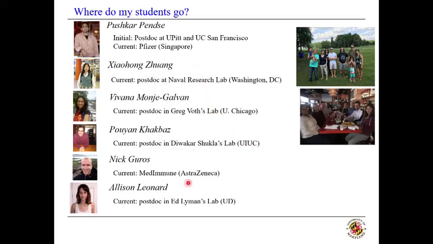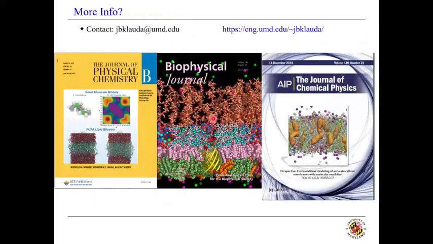A more recent graduate went directly to industry, AstraZeneca. And Viviana has a faculty offer and will be accepting this at the University of Buffalo. So if you're interested in industry or in academia, my lab has many examples of going to those tracks. And so ultimately, we like to publish.